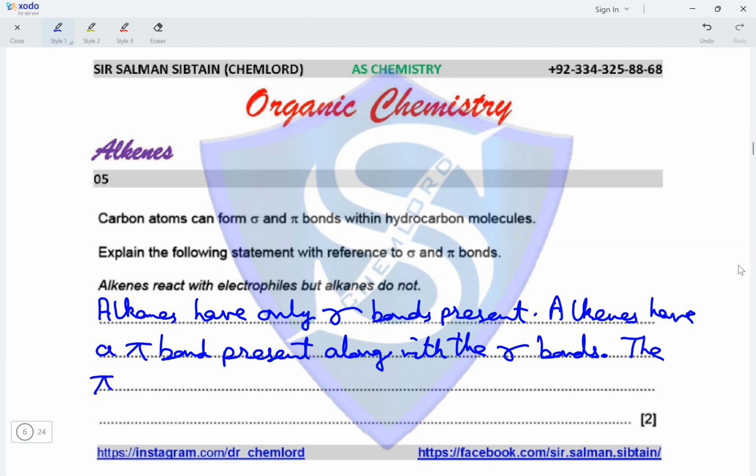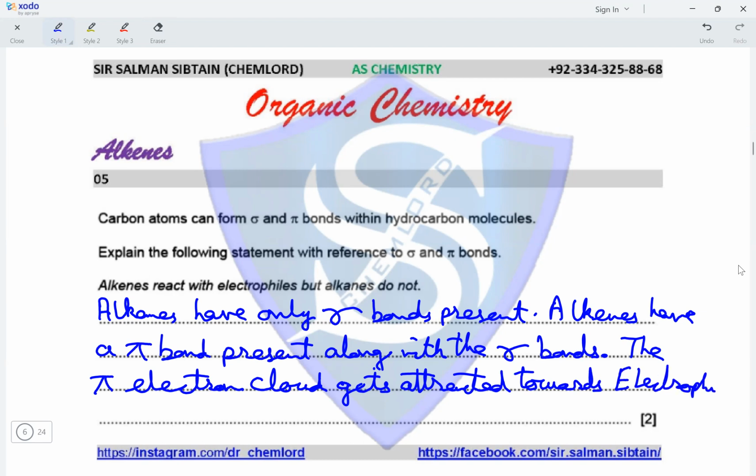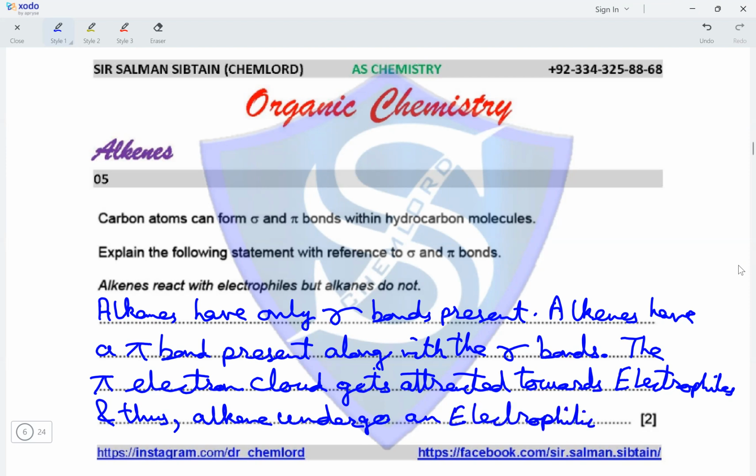The pi electron cloud gets attracted towards electrophiles, and thus alkenes undergo an electrophilic addition reaction.